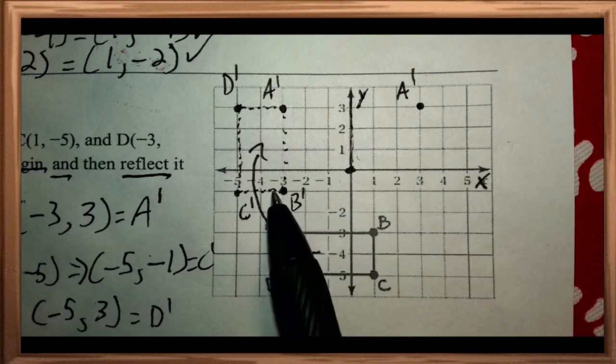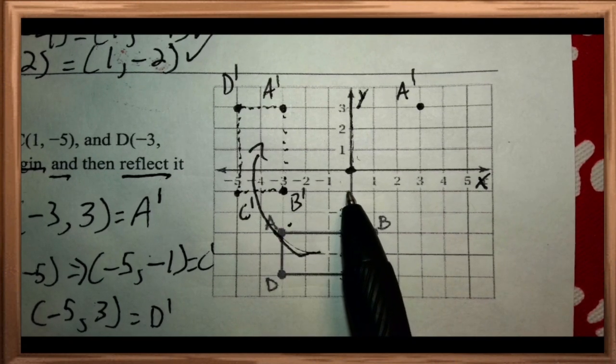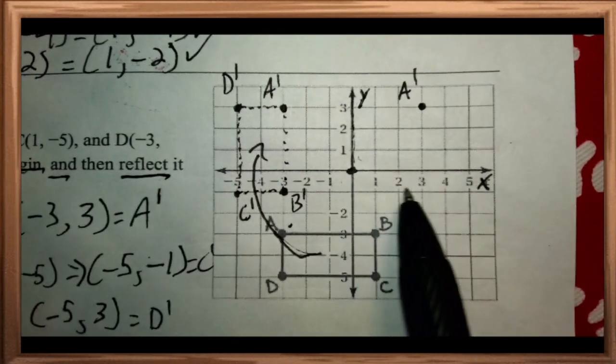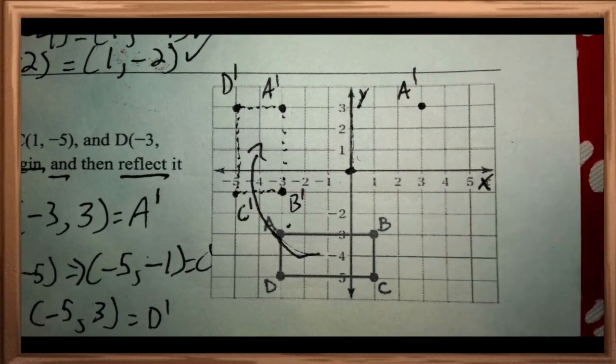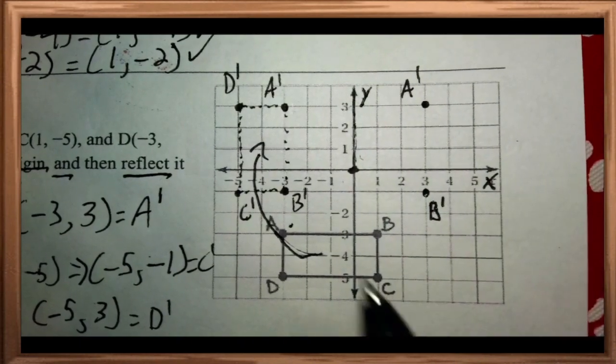It's 3 away on the left. It's going left, right? So when we reflect it on the y-axis, we need to go the opposite direction. So we go 1, 2, 3. B prime.